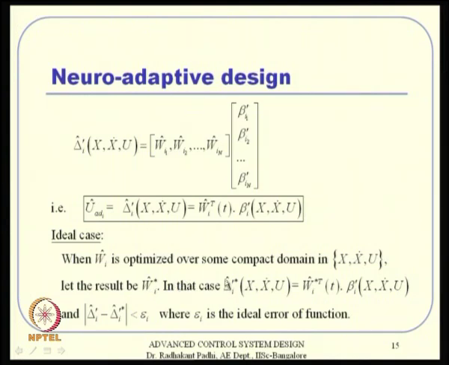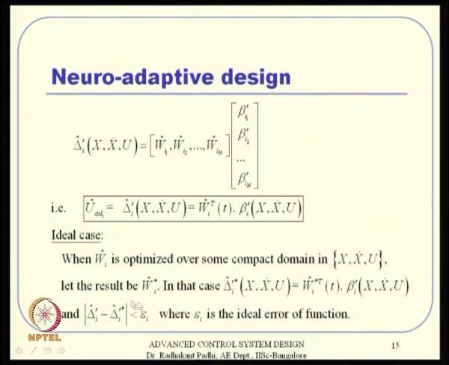In that case this delta I hat prime star is given like that, and the error between these two will remain very small. That is the ideal error of the function approximation, the epsilon I. The whole idea is that the actual delta I hat is given by W I hat transpose times beta I prime, and at the maximum we can go to this W I hat star, giving some function delta I prime star hat.